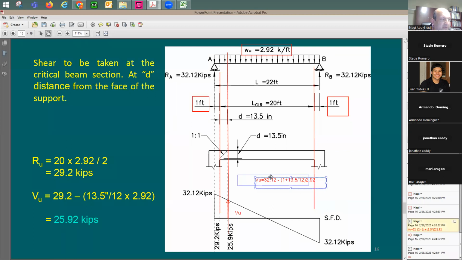Can someone help you with the math of this problem? Yes?